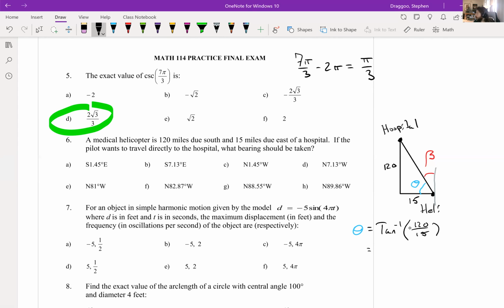And we'll pop that into a calculator. And it turns out that that's 82.87 degrees.